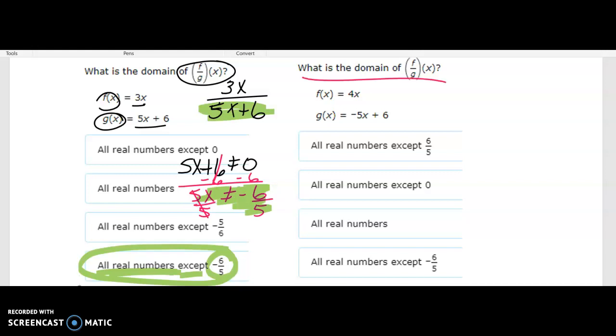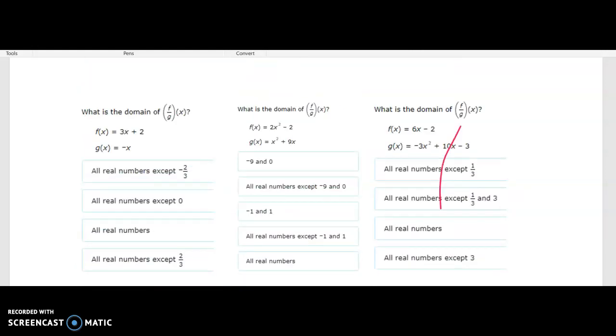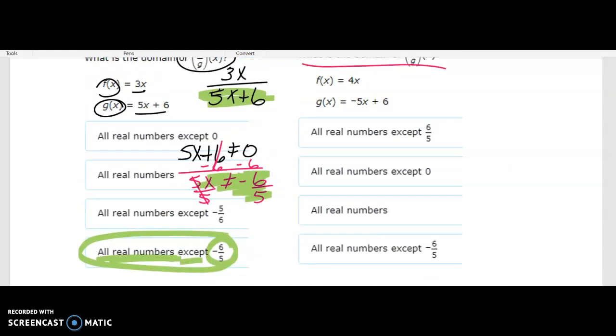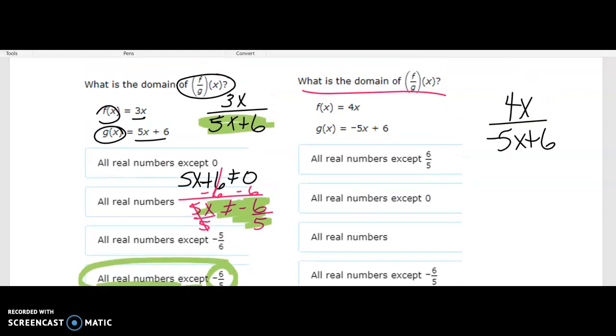Next, what is the domain? Just a second. It's acting up on me again. Okay. So we're going to put 4x over negative 5x plus 6. What is the domain? Anytime it's asking for the domain, we're looking at the bottom.